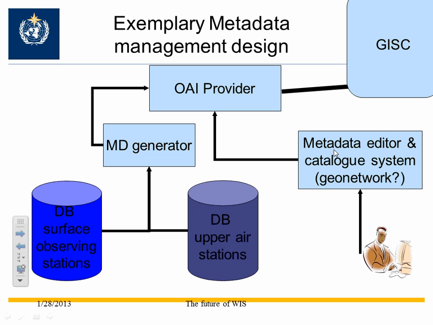Then maybe there are also some other products that are really not in a database because they're very specialized, such as maybe a city forecast or some specialized dust warning and maybe some marine model. There's no reason why this would be in a database. So we can use a metadata editor, such as maybe a GeoNetwork or the WMO metadata editor. So we can manually edit these, and also they will provide the metadata to the OAI provider, and it goes to the JISC.